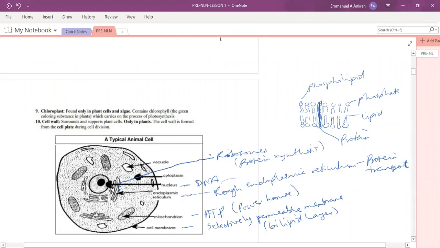Okay. So the one that doesn't have ribosome on the surface, like I'll draw that here, so you have no ribosomes on the surface, and that's what we're going to call smooth endoplasmic reticulum.